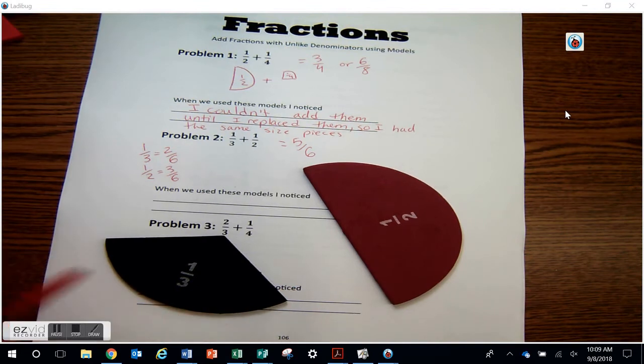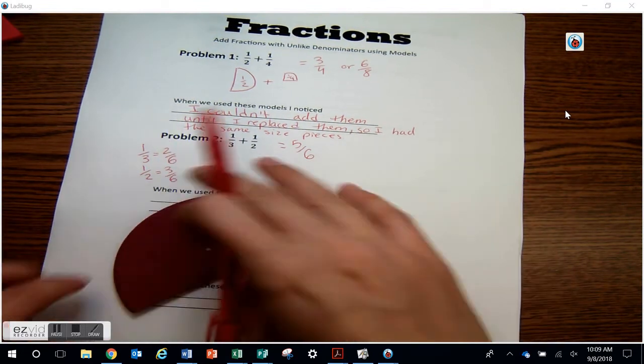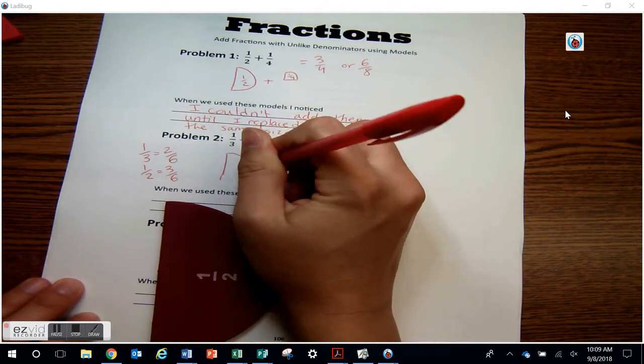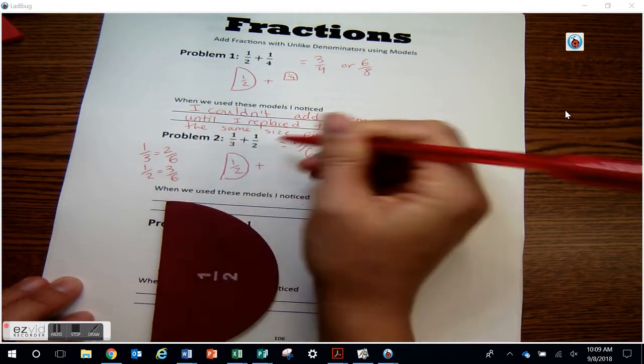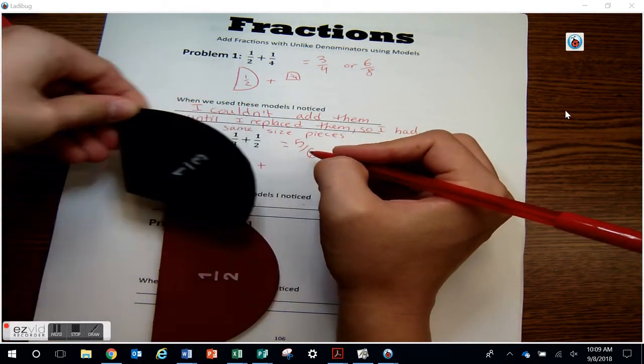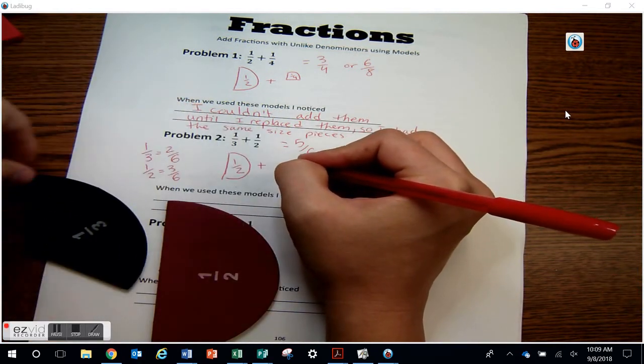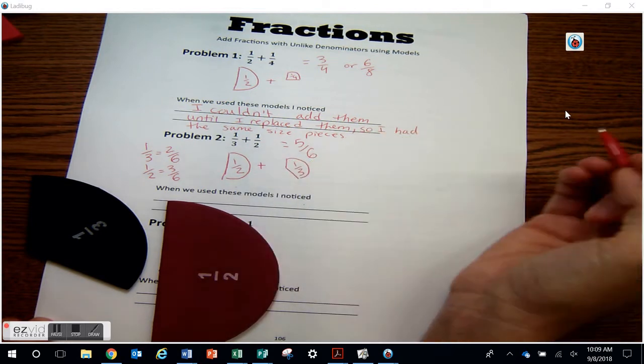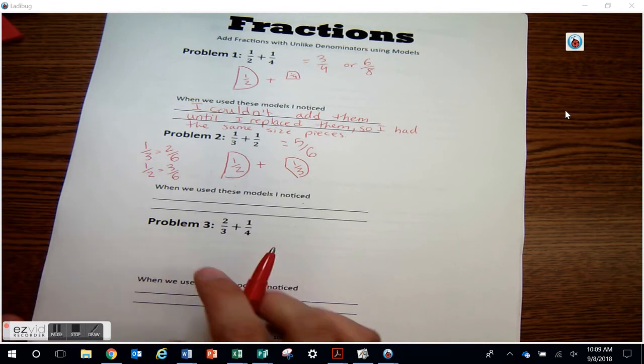So I'm going to go ahead and draw my pieces this time again. I'm adding the 1/2 plus the 1/3. And what did we notice when we used these models?